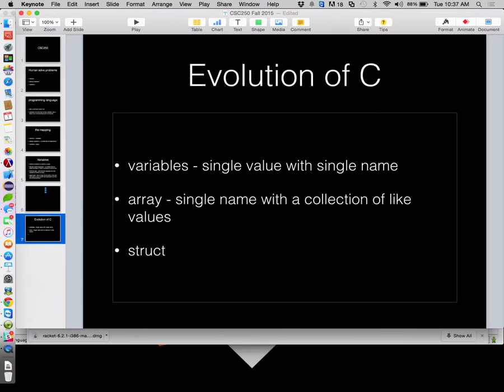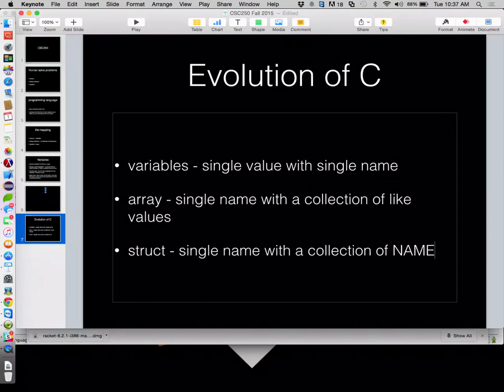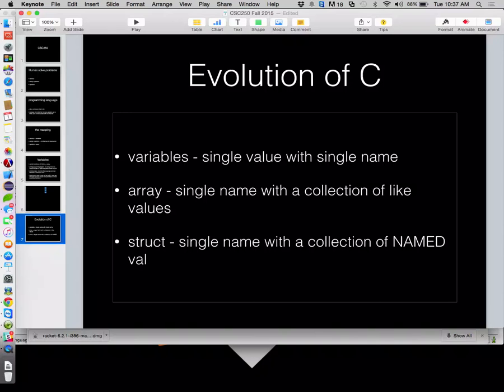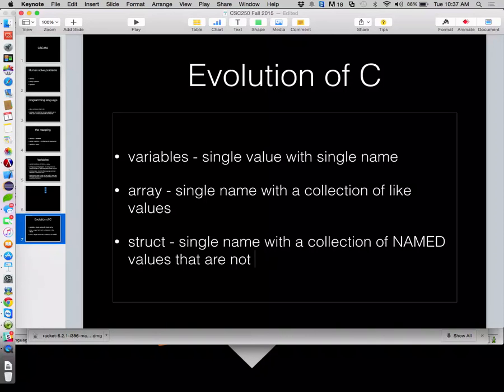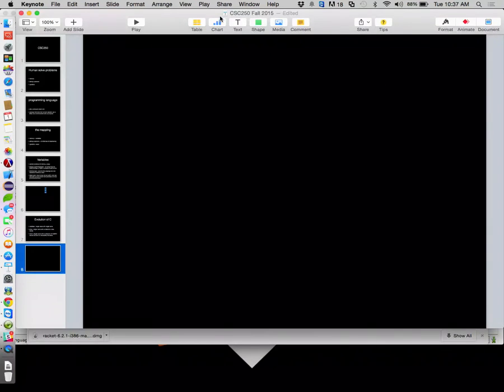And then it supported something called a struct. A struct is a single name with a collection of named values that are not necessarily the same. Okay, so this is what C had within it. All right, just to show you a real quick example of a struct. I know we did this before as well.